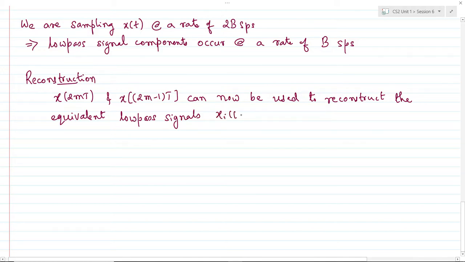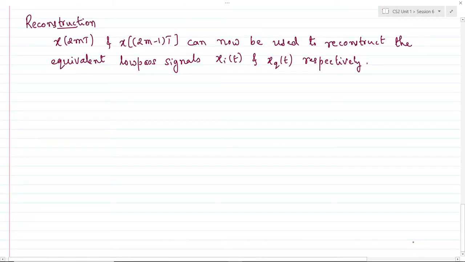All right, so what is xi of t? How do we try to reconstruct it back? Based on our understanding in the communication system 1 course, we will reconstruct the original signal back by passing these samples through a low pass filter. We know that a low pass filter has a rectangular response in its frequency domain. In its time domain, we can represent it as a sinc function.